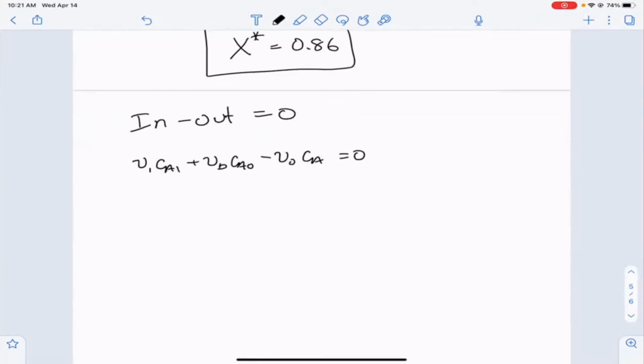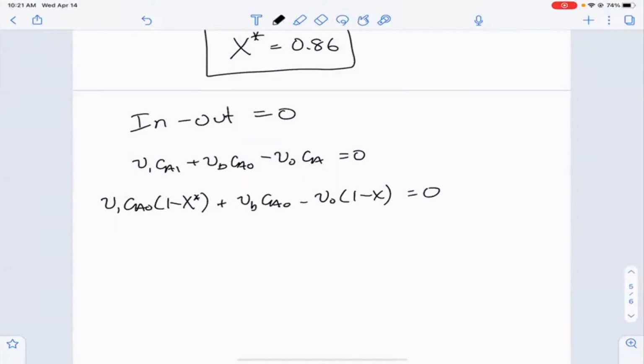And so this first term just becomes V1, and this is what's leaving the active part of the reactor. Well, of course, that's just CA0 times 1 minus X star. And that's plus the bypass times CA0 minus V0 times 1 minus the total conversion that we're after. And that's equal to 0.